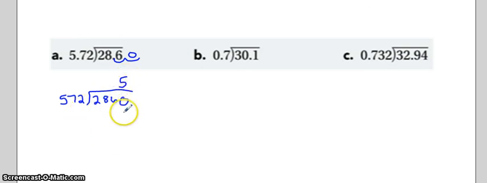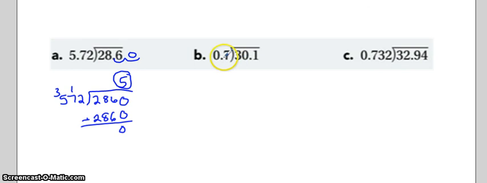So 5 times 2 is 10. Then we carry the 1, 35 plus the 1 is 36, carry the 3, 25 plus 3 is 28. Subtract, we get 0, so the answer is 5.